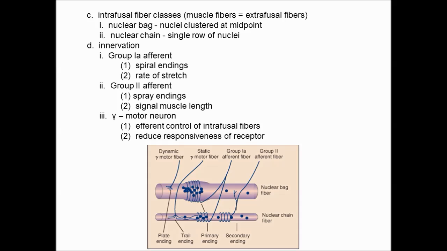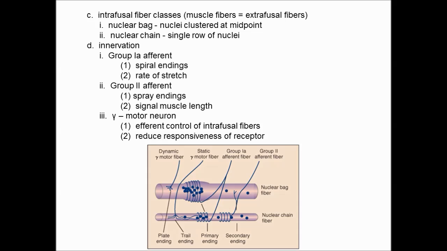Remember, all muscle cells are multinuclear. This particular intrafusal fiber has its nuclei clustered at the midpoint in a swollen area, so they call it nuclear bag. The nuclear chain has rows of nuclei all the way down the length of the intrafusal fiber. And once again, the name intrafusal separates it from the rest of the cells of that given muscle, which are referred to as extrafusal.